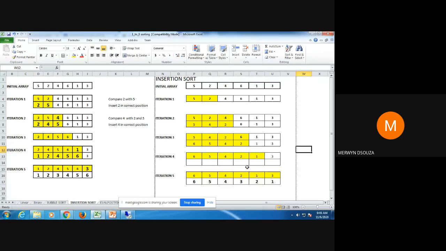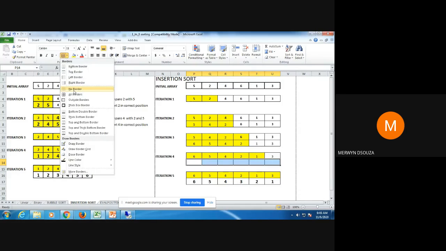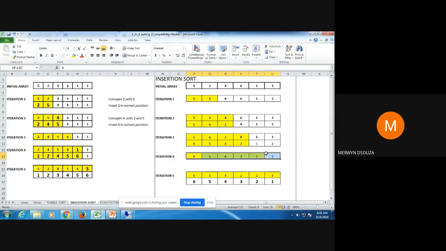Did you all get it? Is there any doubt here? Anyone having any doubt in any of these iterations, any step? I can tell you about it if you want. So this is the final output that you're going to get when you do this descending order.